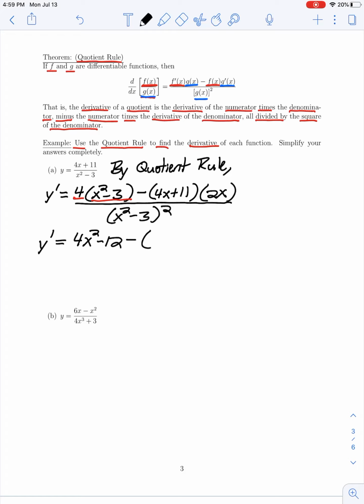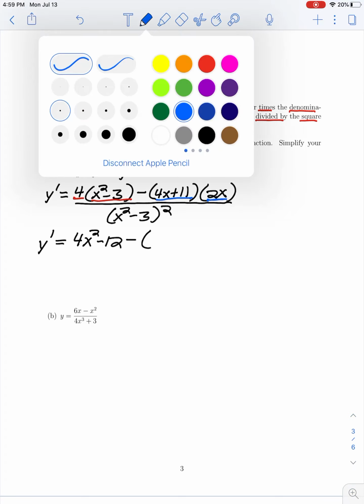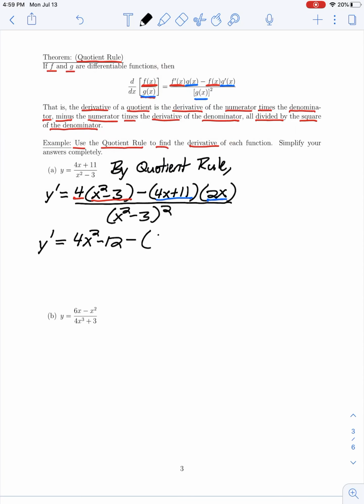And then I am subtracting for the second part of our numerator, if I distribute this factor of 2x through to the 4x plus 11, I have 8x squared plus 22x, all over the same denominator, x squared minus 3 quantity squared.